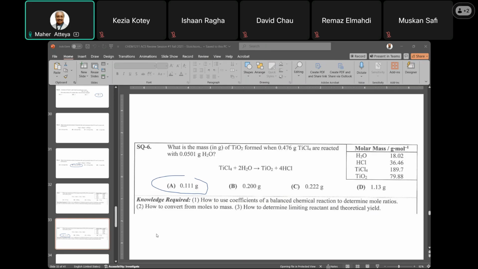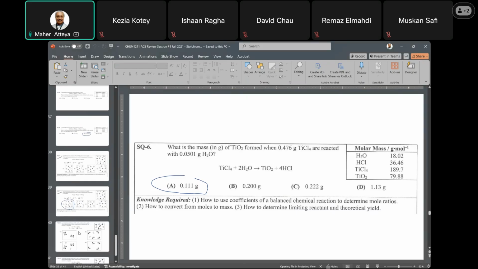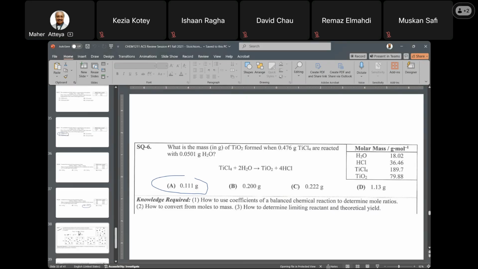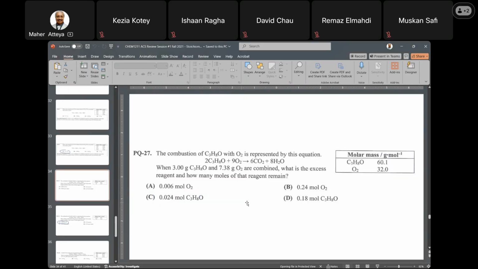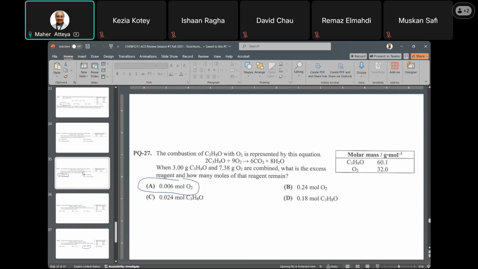Correct, TiO2. So this is another tab. Let's see if we can see another tab. Yeah, let's do this tab and then we can pull it up for tonight. Which one is the combustion reaction?